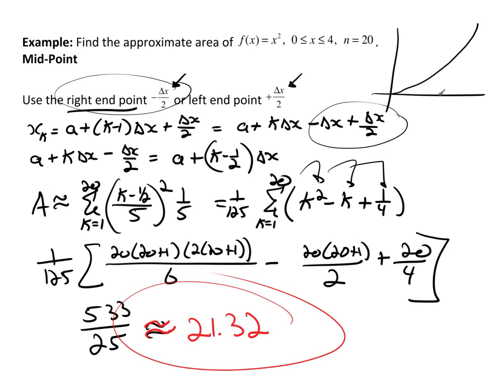If this is where my partition is here, and I use the midpoint, then this box is going to have a little over, a little under, and the tendency is that the overestimation and the underestimation will kind of cancel each other out, at least to some extent, on this particular function. So this midpoint would actually give me a better estimate when n is only 4.